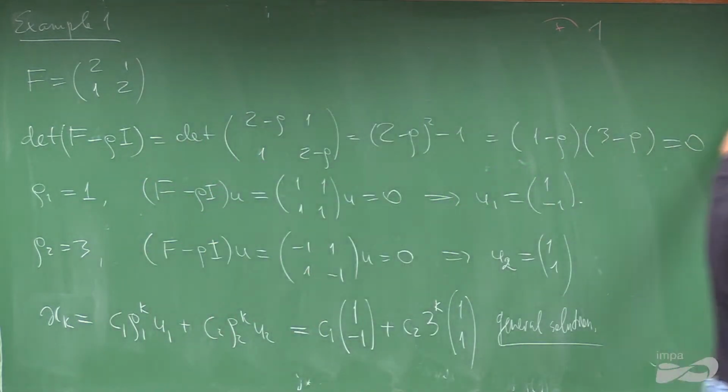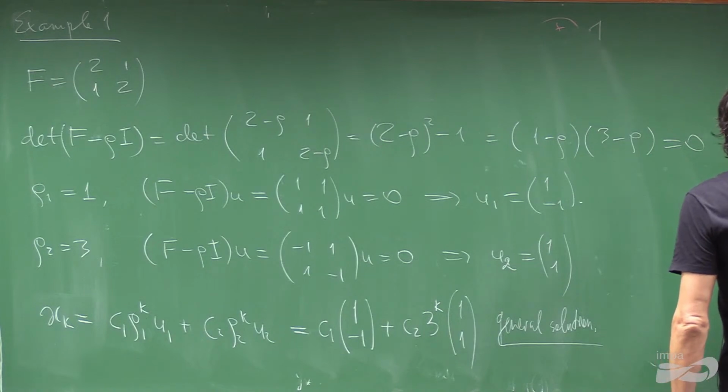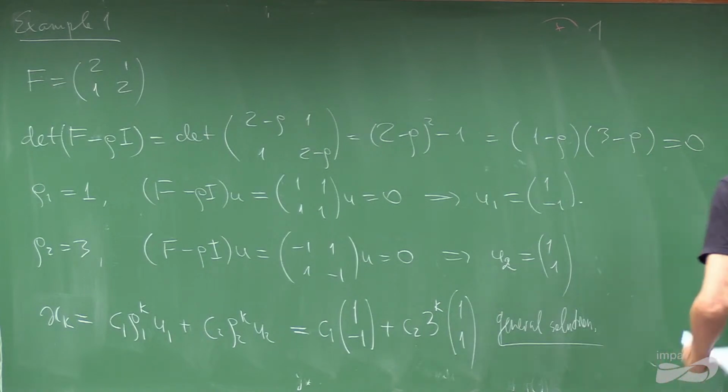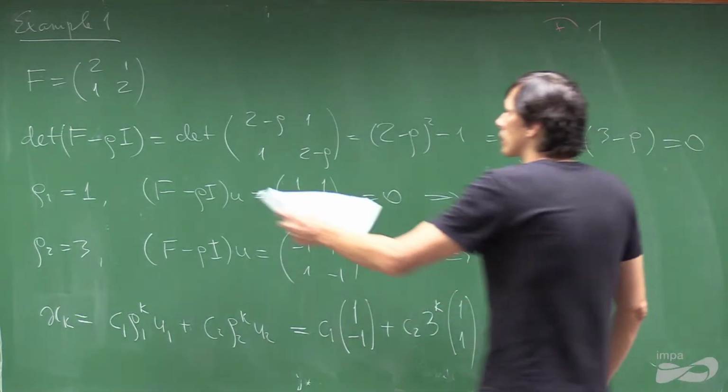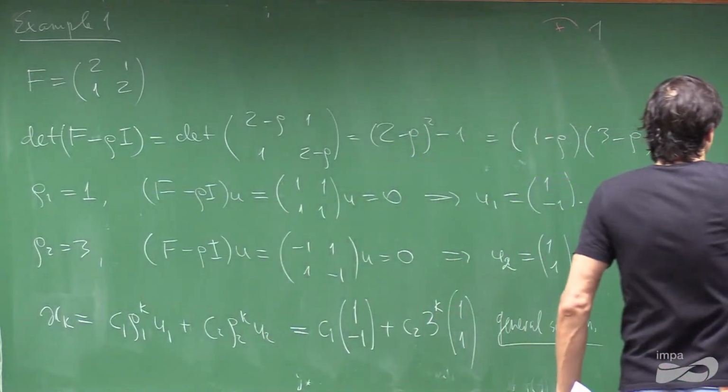The second example: take f to be 0, 1, minus 1, 0. So then we compute the characteristic equation.